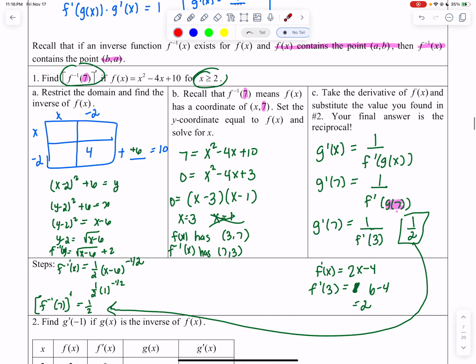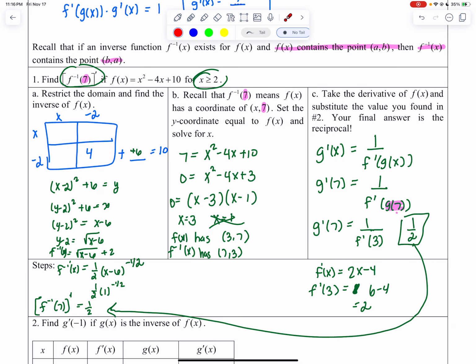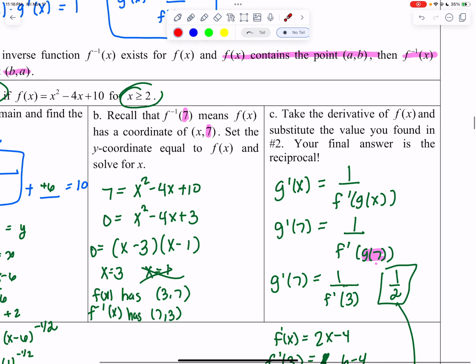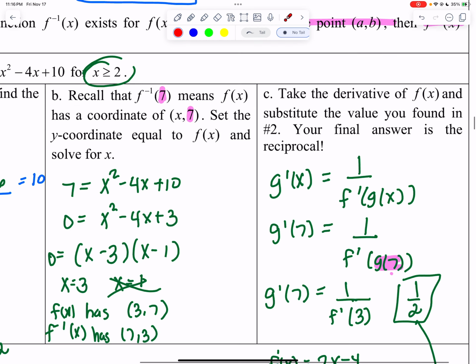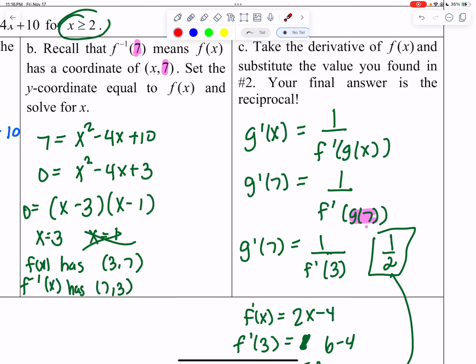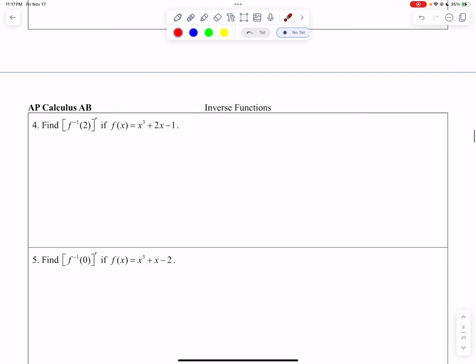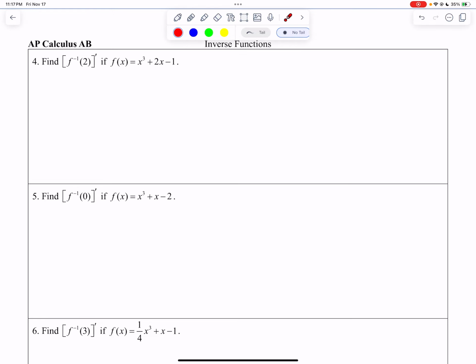But if you know the relationship between g prime of x and f of x, aka part B and part C, then it should go pretty quickly because you're going to be doing the same thing repetitively, which we are going to be doing starting with number 4. I'm going to do a couple of these problems because, like I said, they get repetitive. So all you have to do is practice with these problems and you'll be okay.